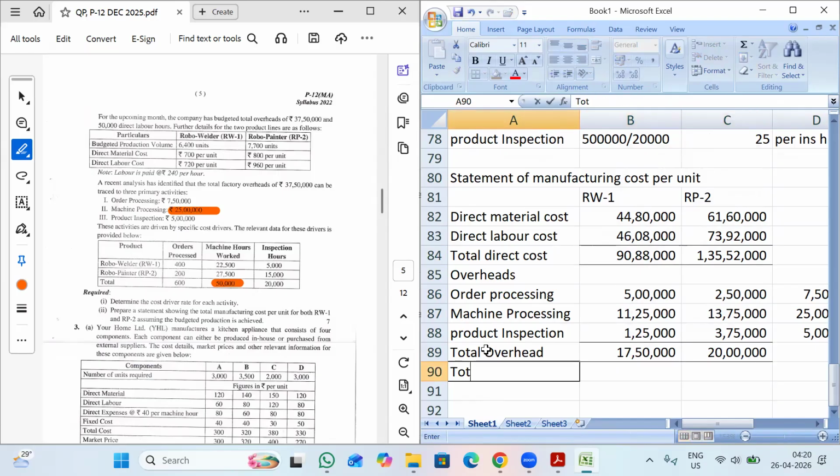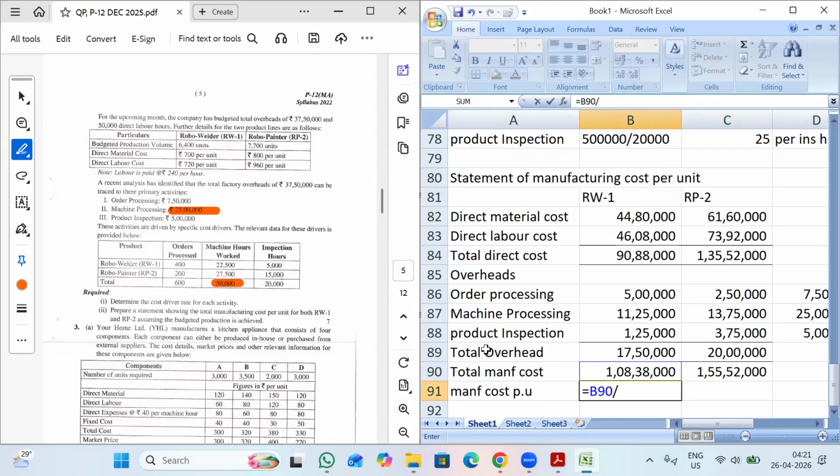So my total manufacturing cost, that is 17 lakh 50,000 plus 90 lakh 88,000. So here it is 1 crore 8 lakh 38,000 and 1 crore 55 lakh 52,000. Now I am converting this to manufacturing cost per unit. So that means 1 crore 8 lakh 38,000 divided by the number of units.